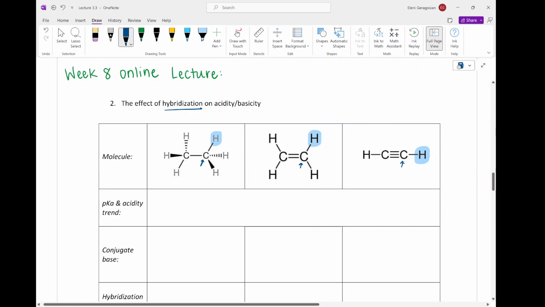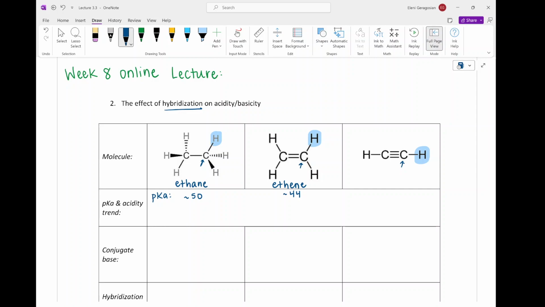The pKa of the first molecule, which is ethane, is about 50. Second molecule, ethene, we've got that double bond. The pKa is about 44. So we're 6 units lower pKa.